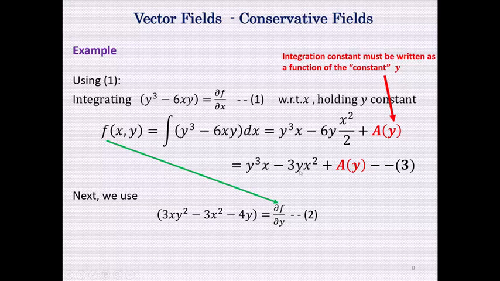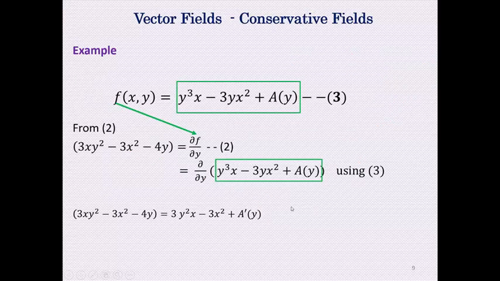The function f that we have just found involving a will be plugged into the expression involving df dy. So that's exactly what we are doing now. We differentiate what we have found in terms of a with respect to y, partially. Because we are doing partial differentiation with respect to y, we will keep x as a constant. And we end up with this equation.